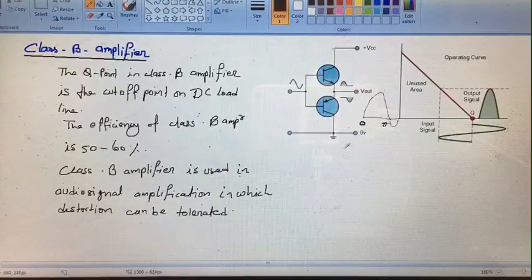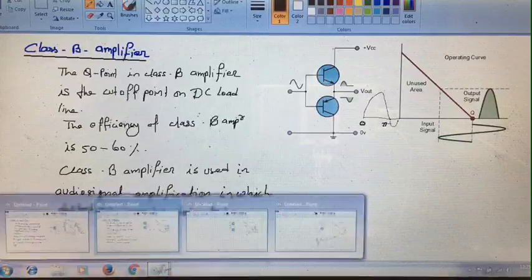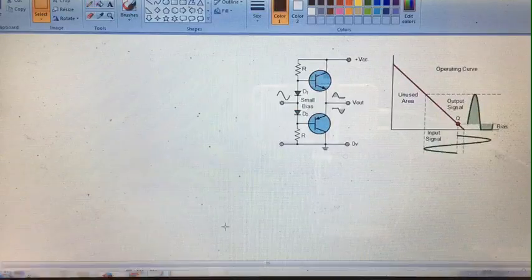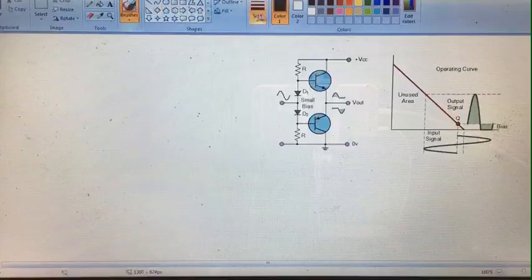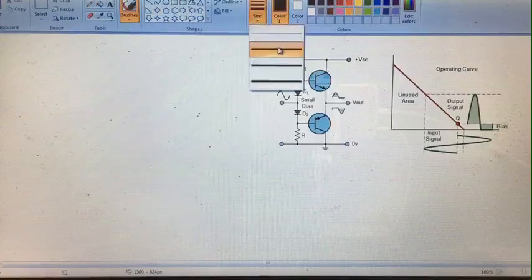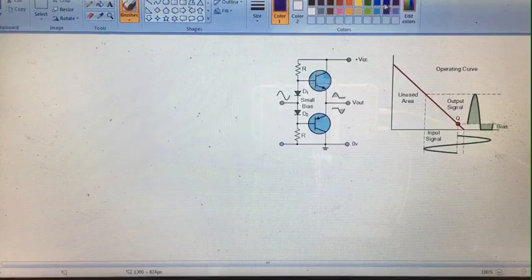We use the class B amplifier for amplification of audio signals in which distortion can be tolerated. Now our next point is to discuss the class AB amplifier. For discussing the class AB amplifier, we will find some similarity with the class A and class B amplifiers.